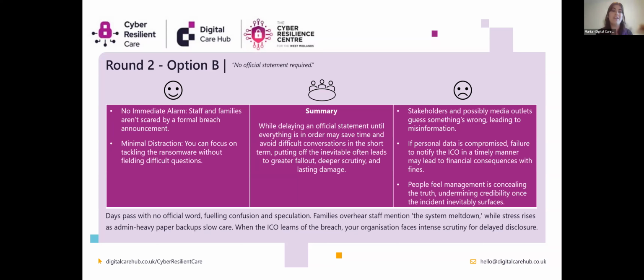The days could pass with no official word. This will fuel confusion, speculation. Families might overhear something from the staff or the system meltdown. The stress rises. If some of the phones are still not working, they won't understand anything. So in short, we would not recommend this option.